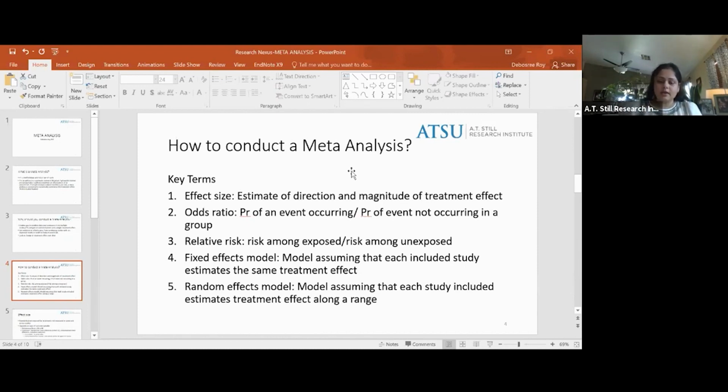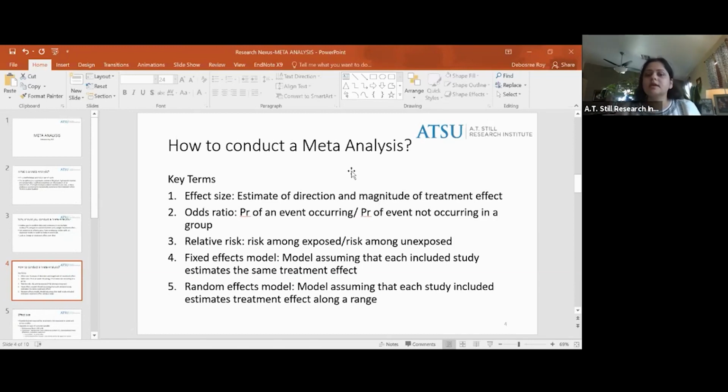Here I'm talking with the assumption that you have only included studies which have a stringent inclusion criteria in the outcomes.